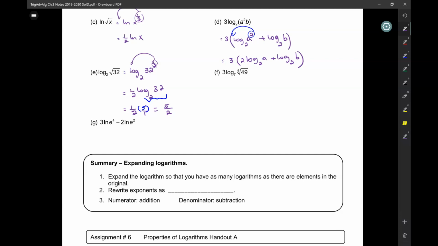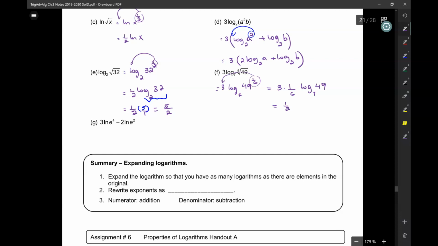Yeah. Okay. Here, 3 log 7, and then 49. Hey, look. 49 to the 1/6. Yes? 1/6 will come down. So I have 3 times 1/6 log 7 of 49.